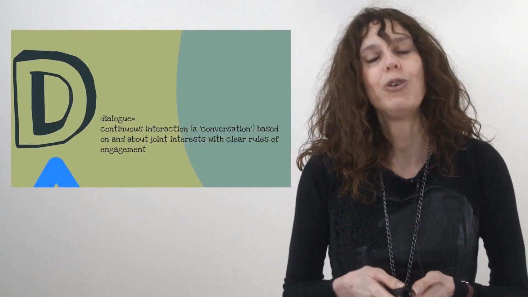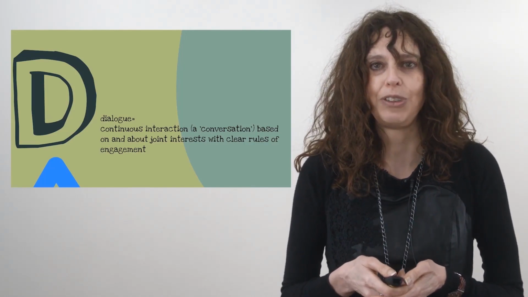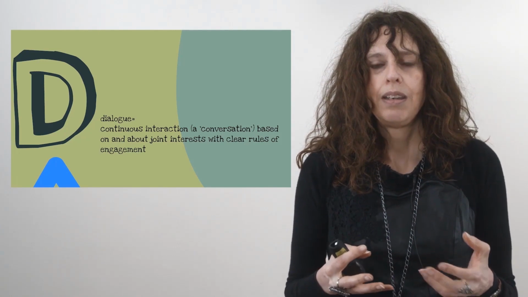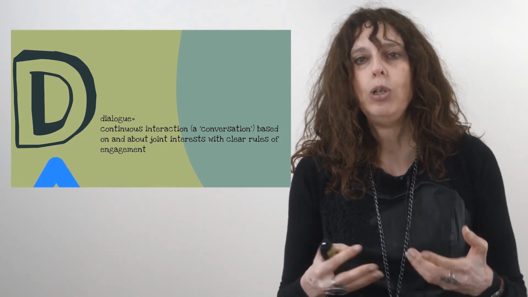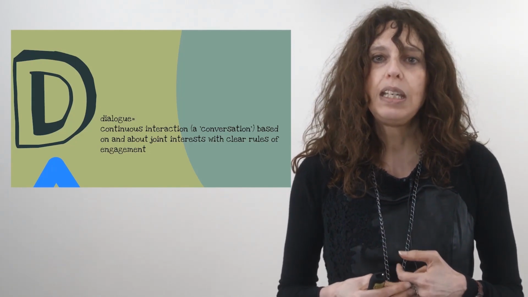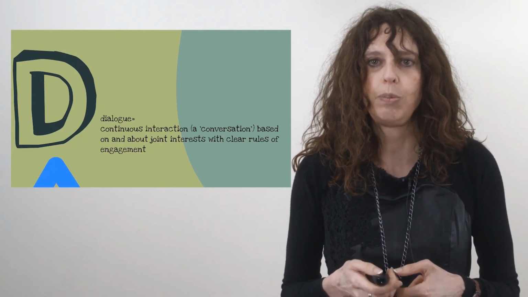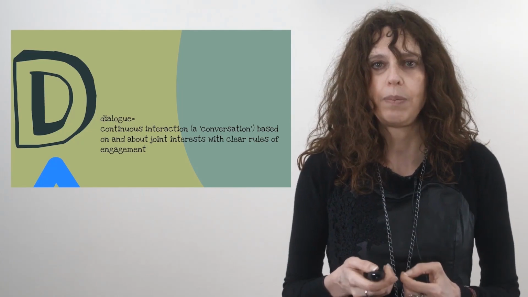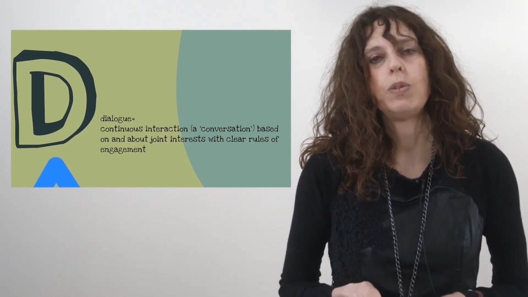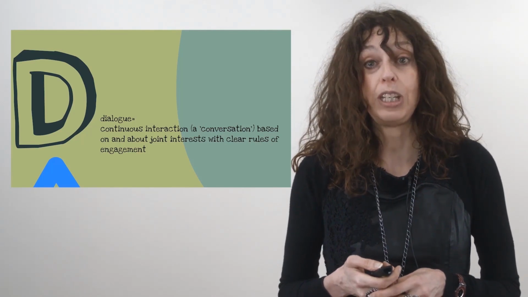So dialogue we already discussed during this knowledge clip. Dialogue is about listening, but it's also about learning and communication and giving stakeholders equal opportunities to contribute, having interactions with them, having talks with them. So that is important if you want to achieve co-creation.